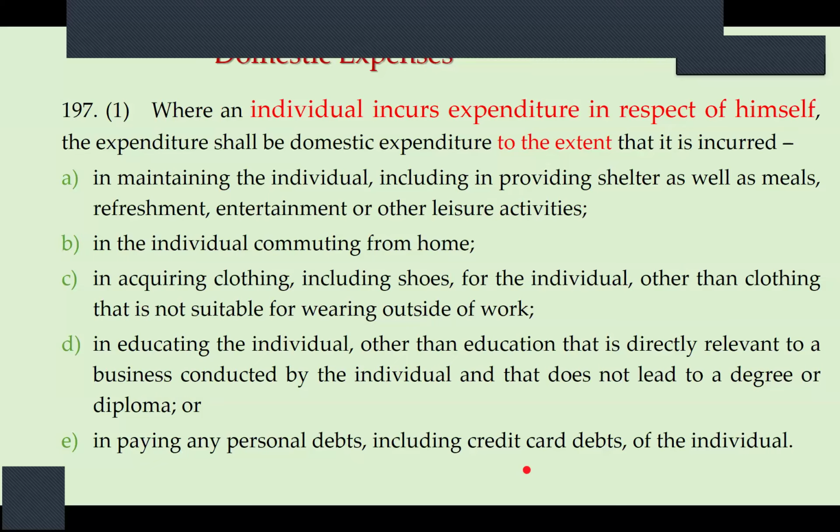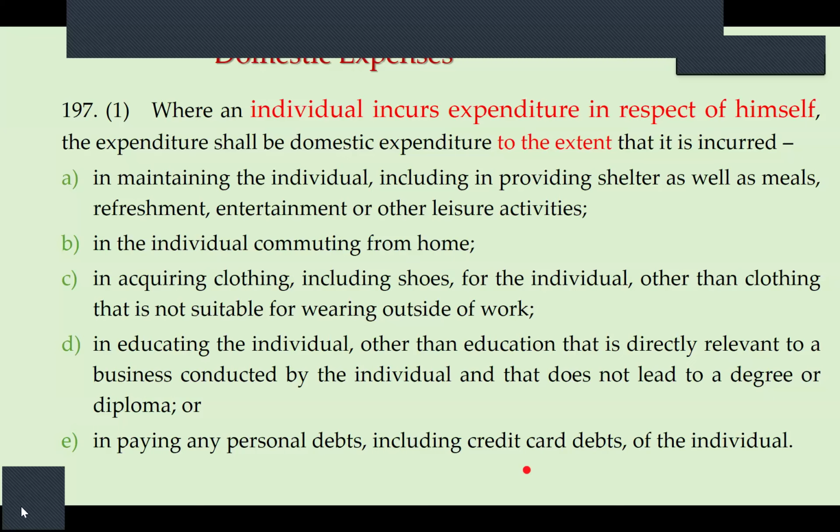But if that education is directly relevant to a business conducted by the individual, so if it is directly relevant to the business but it should not lead to a degree or diploma, that kind of educational expense is not allowable as a deduction. But if that education is directly relevant to that person, to the business, then that expenditure is allowable as a deduction.